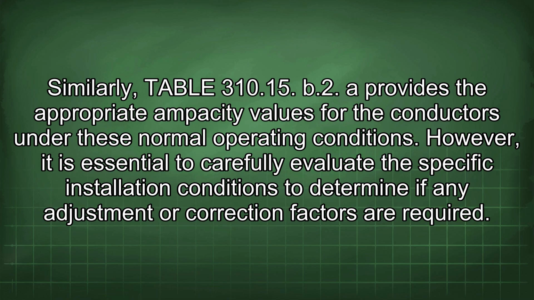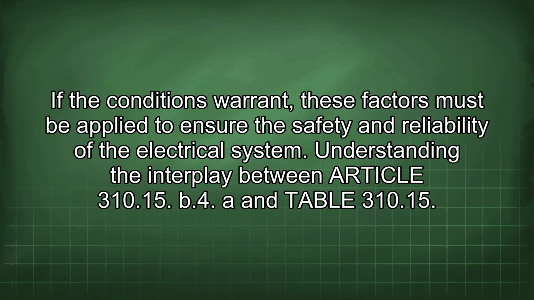Similarly, Table 310.15(B)(2) provides the appropriate ampacity values for the conductors under these normal operating conditions. However, it is essential to carefully evaluate the specific installation conditions to determine if any adjustment or correction factors are required. If the conditions warrant, these factors must be applied to ensure the safety and reliability of the electrical system.